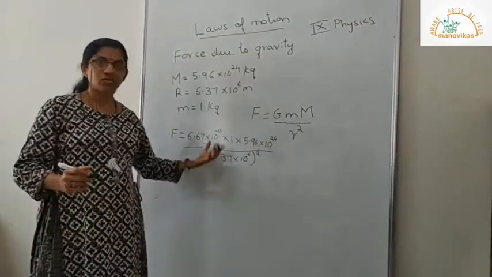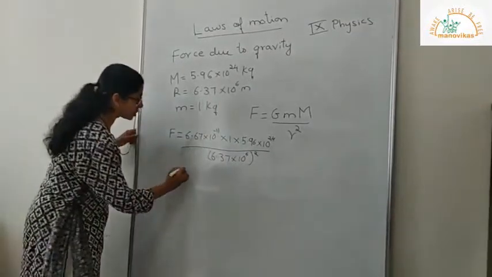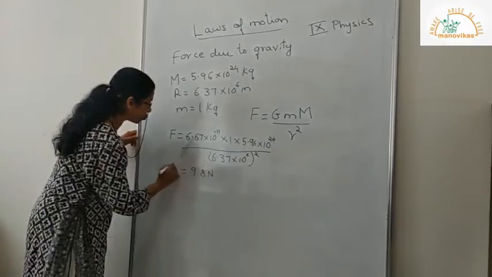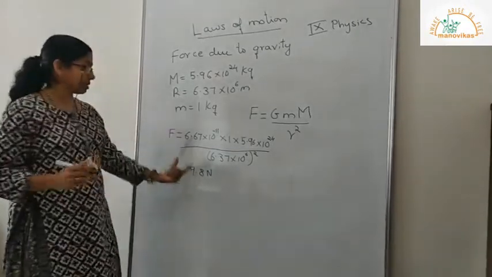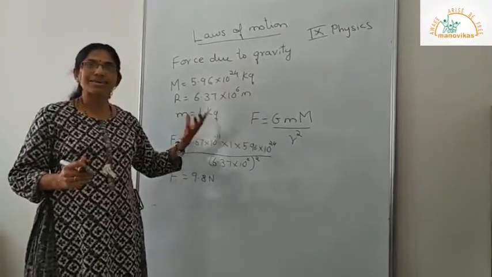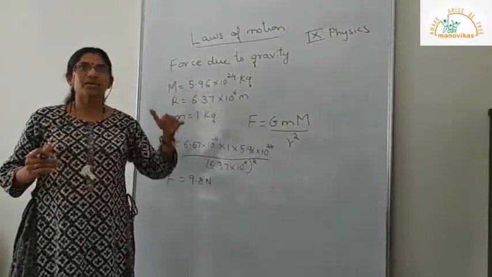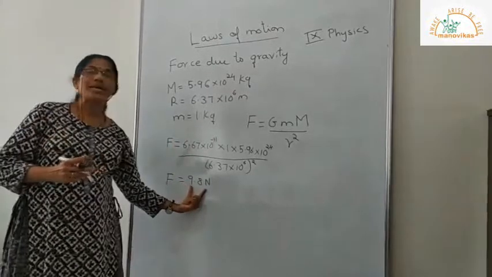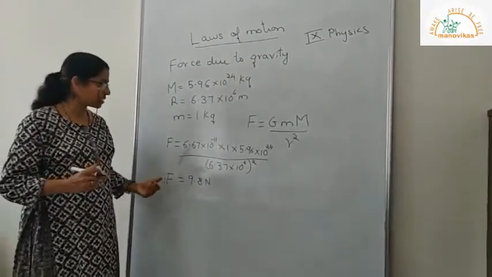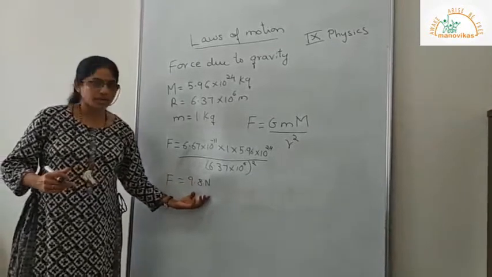After solving this, you get the answer 9.8 newtons. That means the force of attraction: a 1 kg mass gets attracted by the Earth with a force of 9.8 newtons. Correct? This is the force that is being exerted.